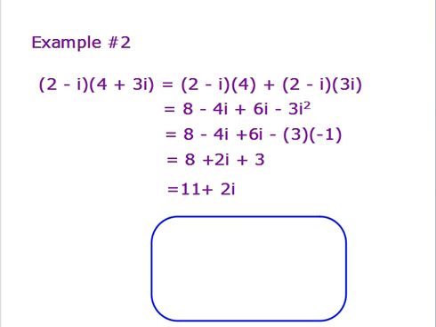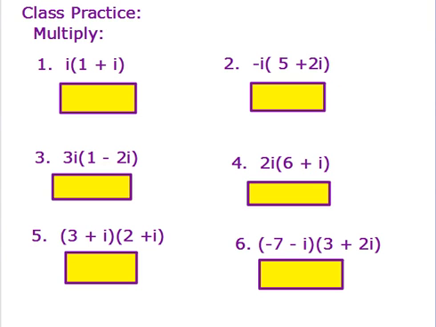All right, let's try some practice. I would like you to try a couple. Try 1 and 2, and we'll see if you can get the answer. So go ahead, write down 1 and 2. Multiply them in. Make sure they're in standard form.